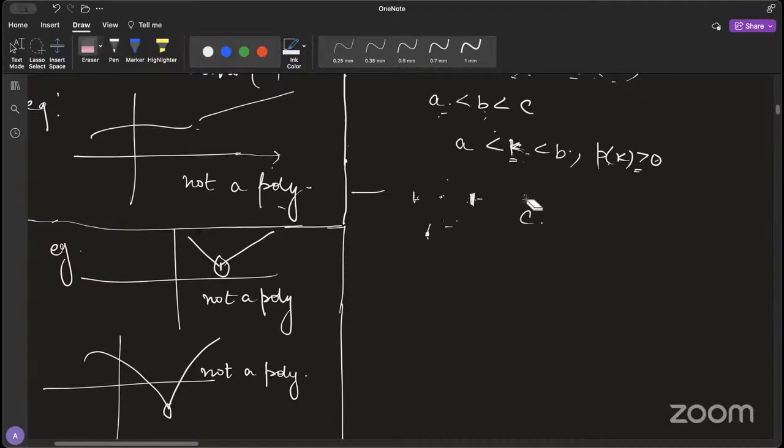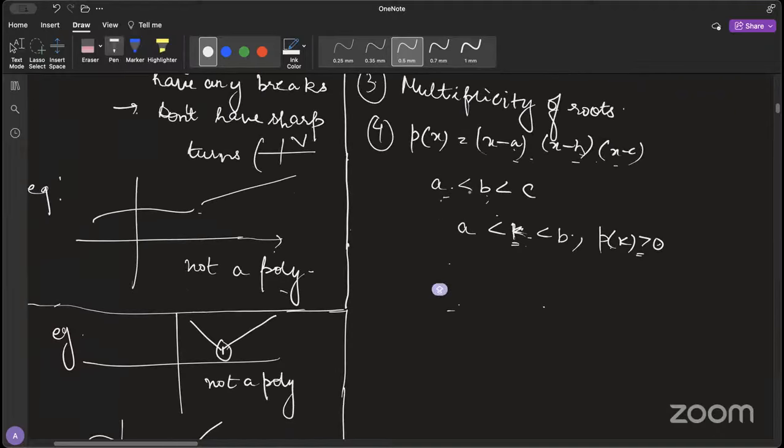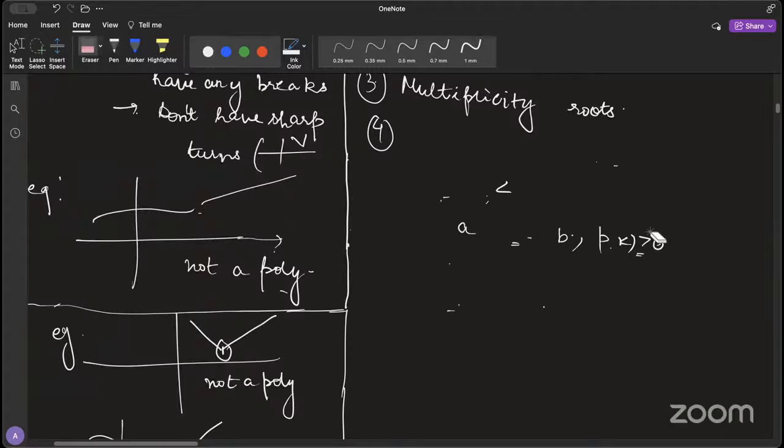This is also a result which is about, let me write that result only. Intermediate value theorem. Yes. Intermediate value theorem is a little more complex than what we'll write here.